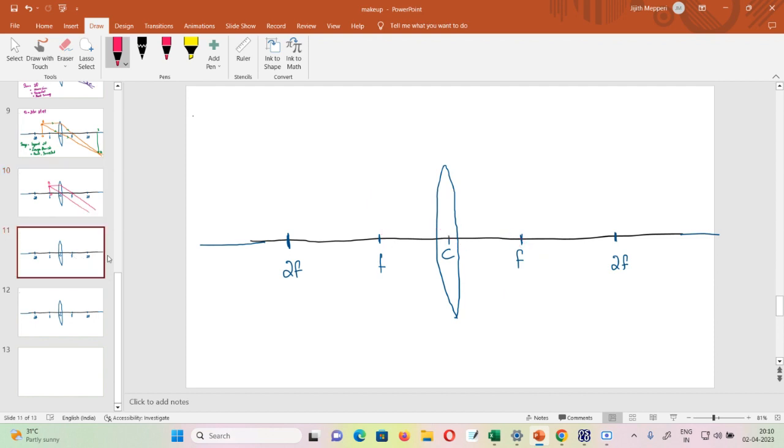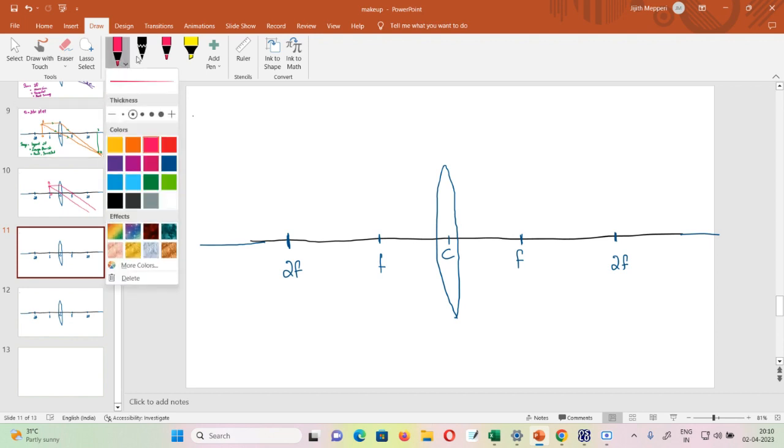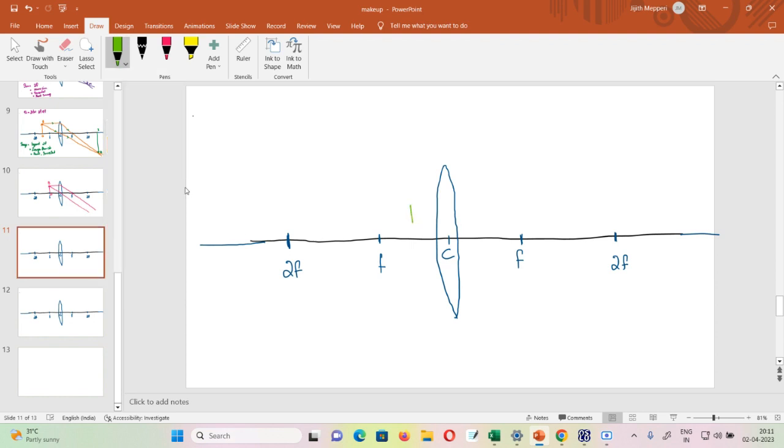Now we can consider the other condition. What will happen if we keep our object in between the focal length and the optic center of the lens? I'm going to keep one object in between the focus distance of the lens and the optic center of the lens. So what will happen here?